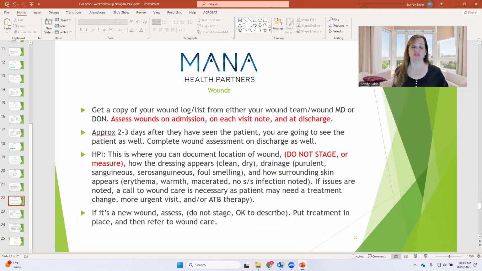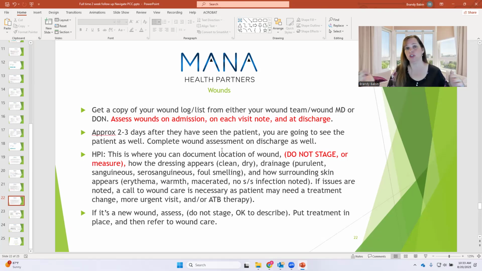So wounds, I don't have a report for you. You got to get that from either your DON or the wound nurse or the wound doctor. You're going to assess wounds on admission, on every visit note, and at discharge. So if you're seeing a patient for something, you're going to be looking at that wound. Why? Because anything affects the wound.